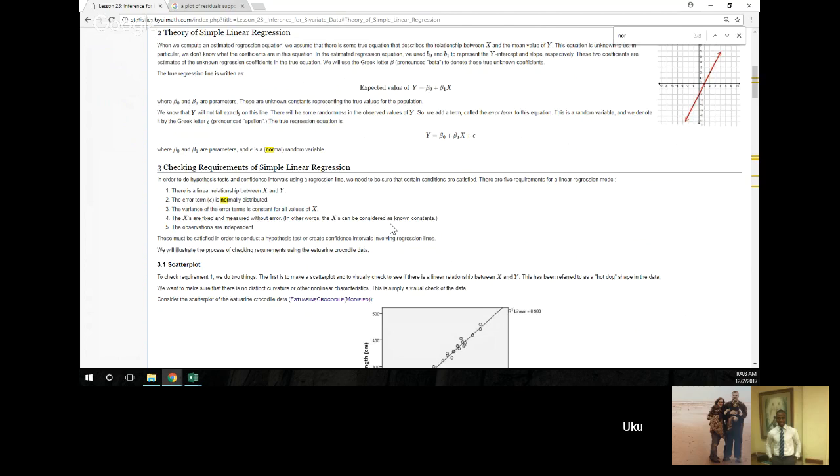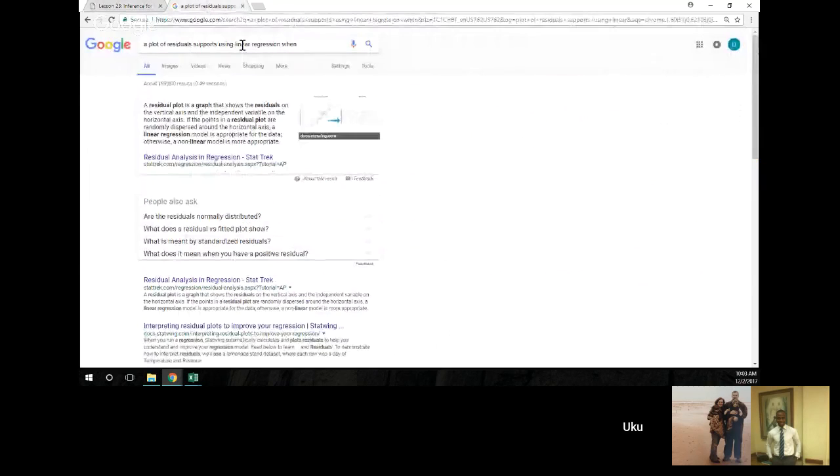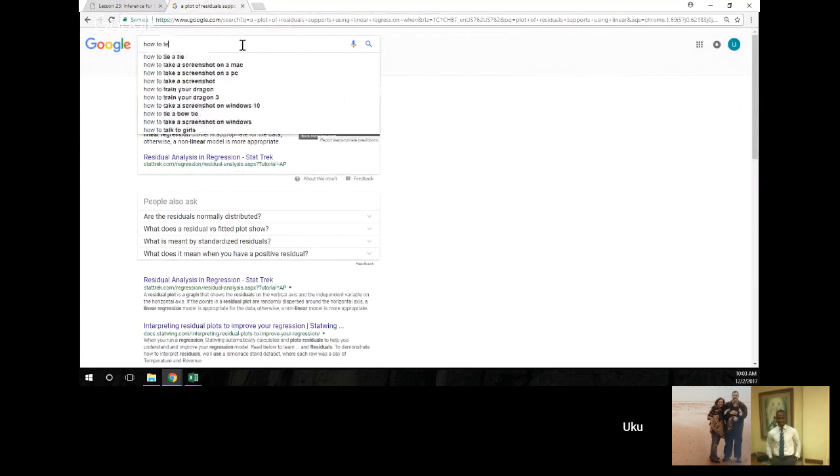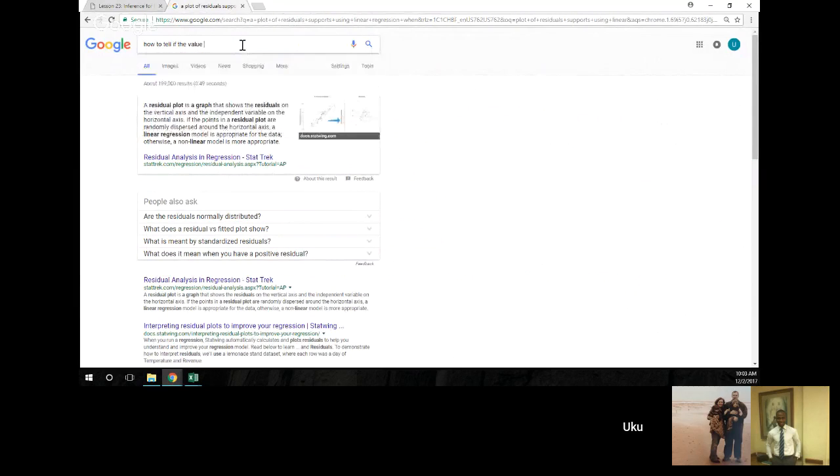Again, x can be considered a known constant. And how do we know if it's a known constant? I'm going to Google that one. How to tell if the values of x are known constant.